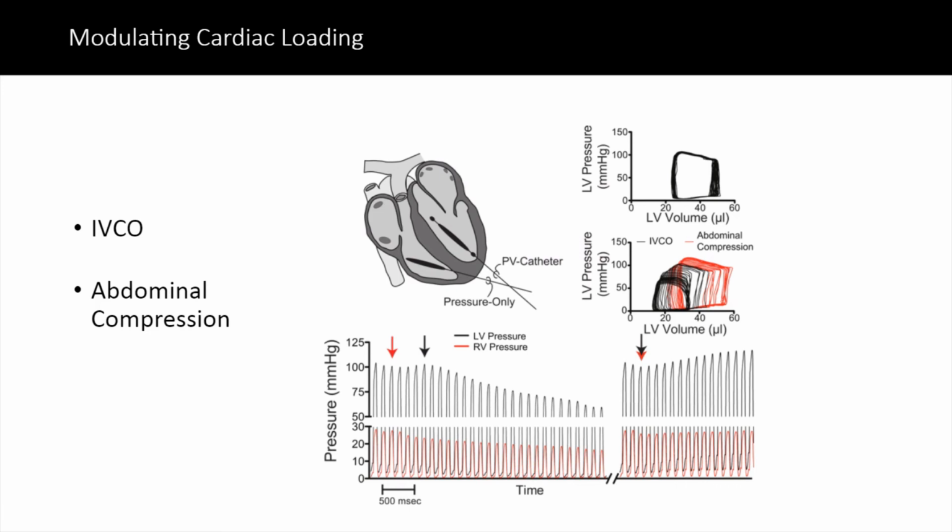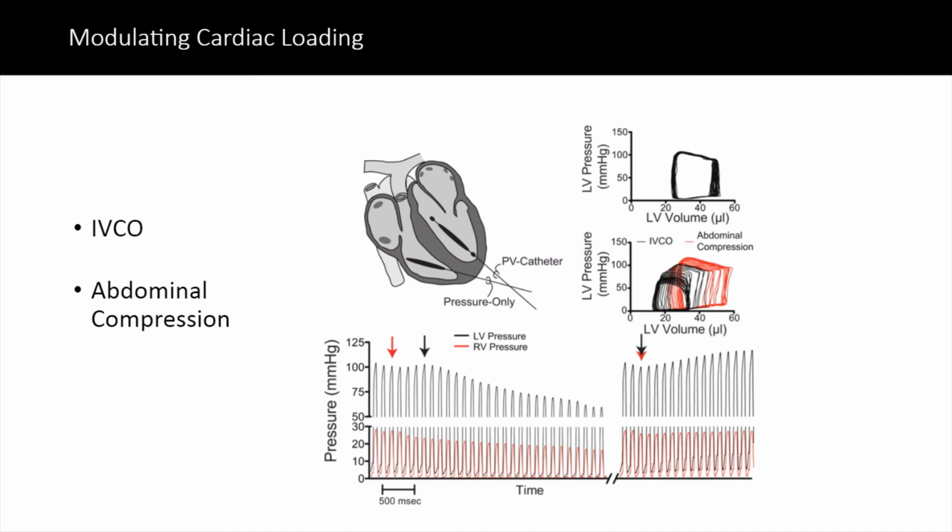But the other thing that we do is after we do the IVC, we wait a little while, and then we'll do what is essentially an abdominal compression, where you just take a couple fingers and push down on the abdomen of the mouse. And what that does is it does 2 things. One is that it increases the preload, so you're actually squeezing a little bit of blood back in, and you'll see that as a small increase in the right ventricular pressure.